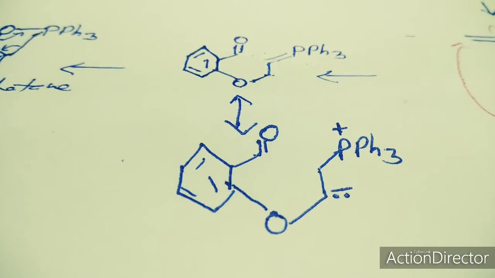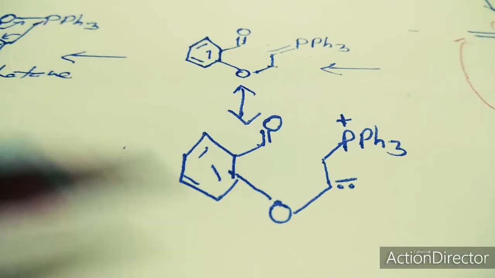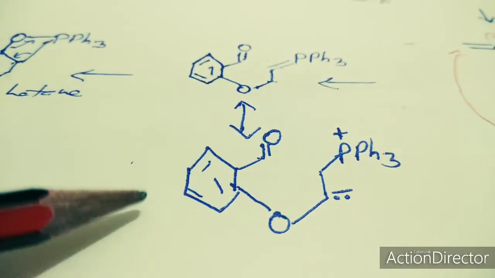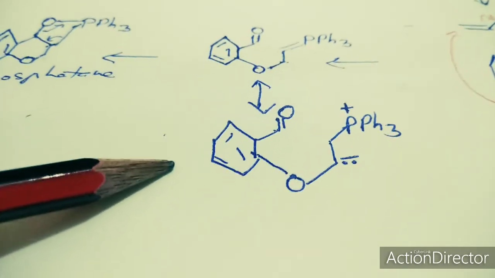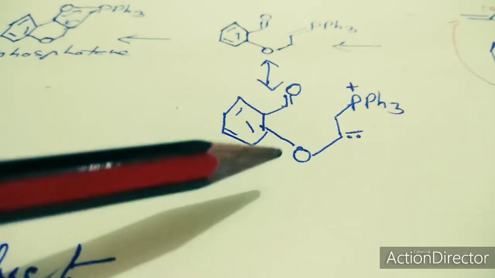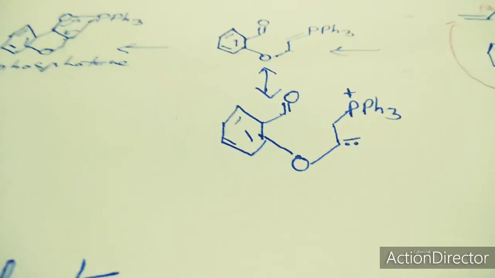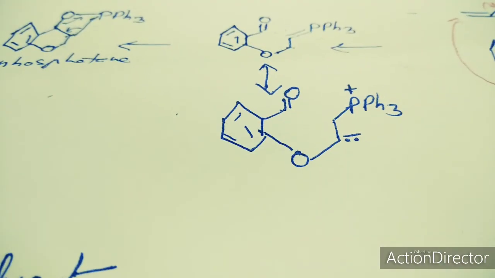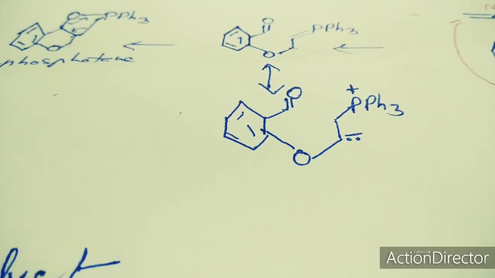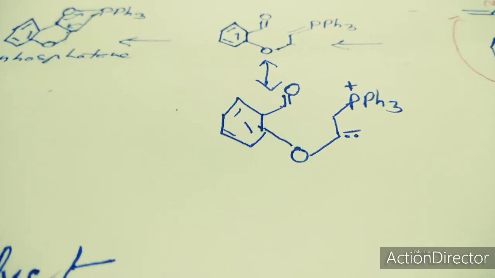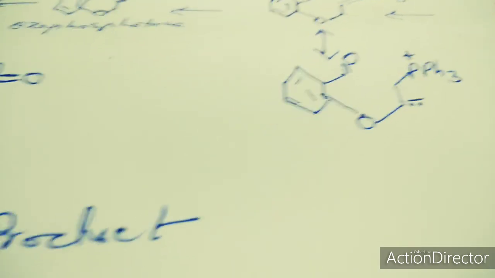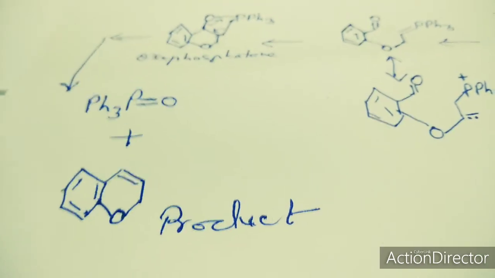Prior to this, we can show this in the form of this type of structure, which is more or less now a halide, and this will then react in such a way that ring closure will occur, and we will get this as the product.